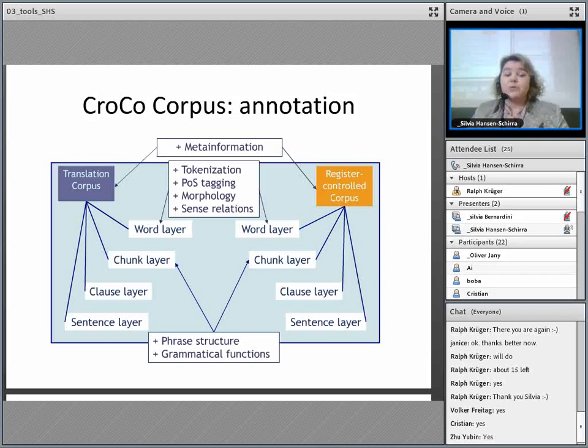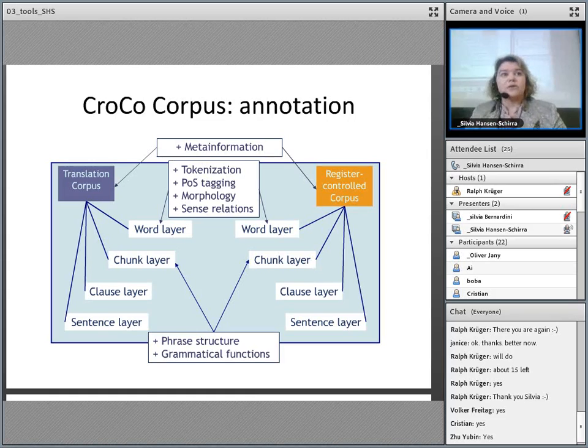Then we have part of speech tagging, word class information, nouns, verbs in our corpus, and sense relations in order to find out cohesive relations. More importantly, on the chunk layer, the phrase layer, we included phrase structure as well as grammatical functions like subject, object, adverbials, and so on.